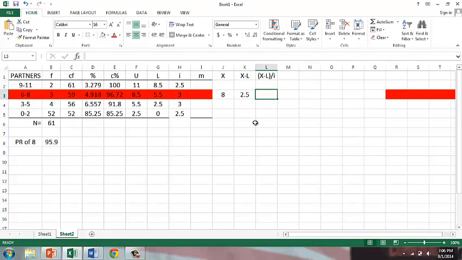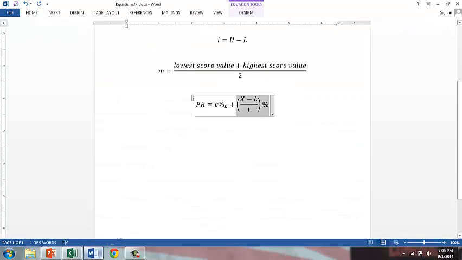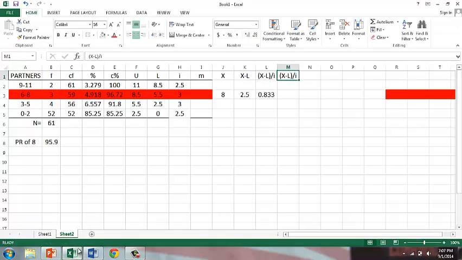Then, in the next column where we divide by the interval size, we could put inter and take what's in the previous column and divide it by the interval size. That gives us the term in the parentheses here. Next, you multiply by a percentage, and we could create a separate column for that as well.